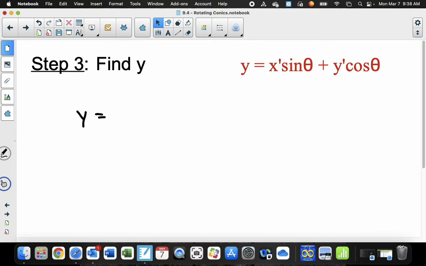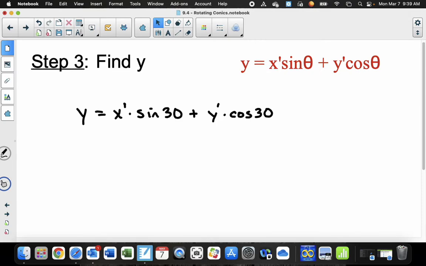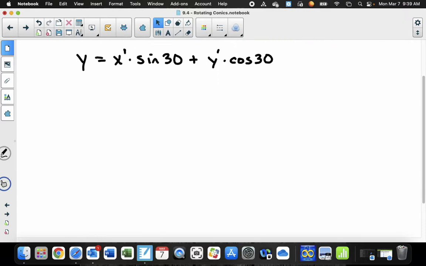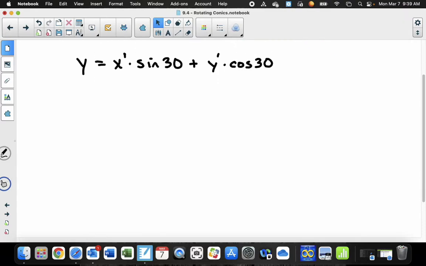Tangent x and y. So we've got x prime times the sine of 30 plus y prime times the cosine of 30. And once again, we already talked about what sine and cosine of 30 are, so we'll plug in the numbers at this point, and then we'll clean it up right away.